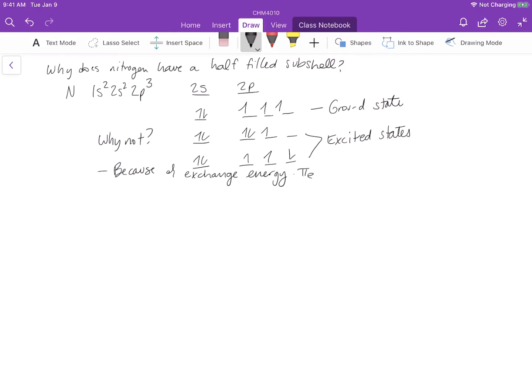So if we look at some examples, if we look at our p orbitals, if we just have one electron, we have no exchange. So remember, K is the units. So there's only one electron. It cannot exchange spots with another one.